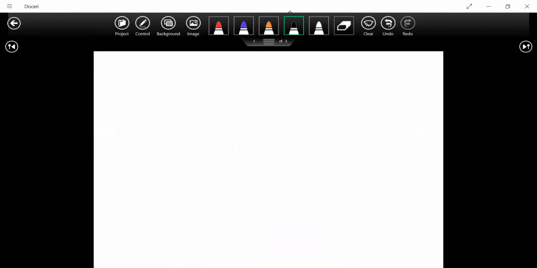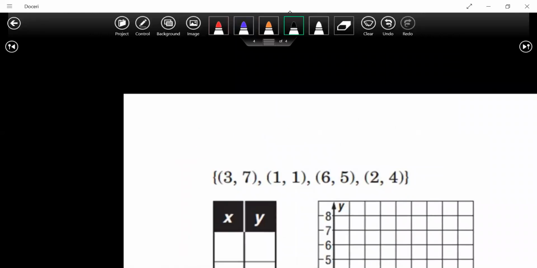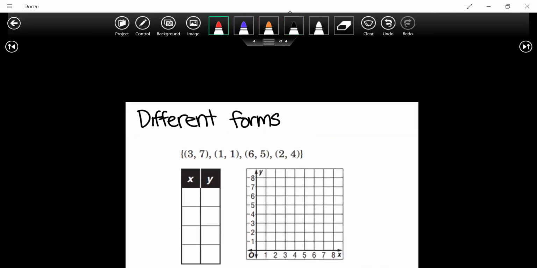We're just going to practice these. This is just graphing different forms. The one up above we call coordinate points.